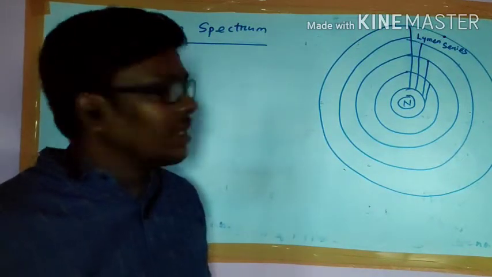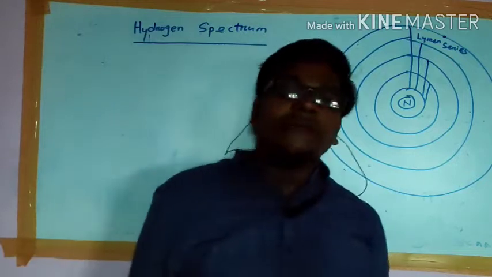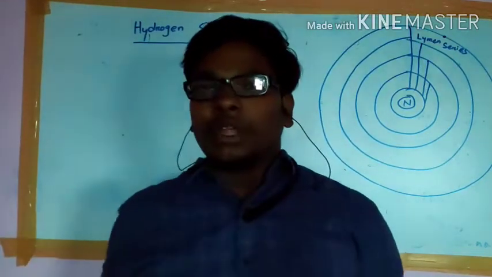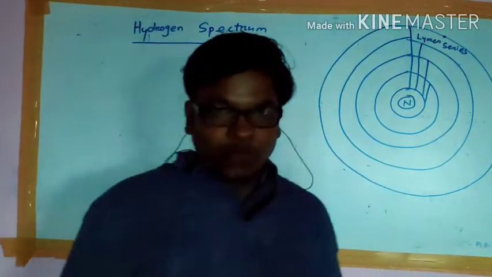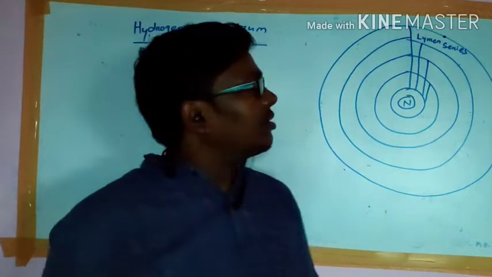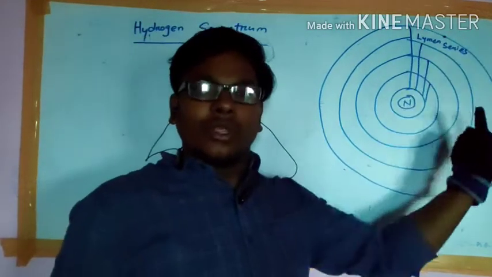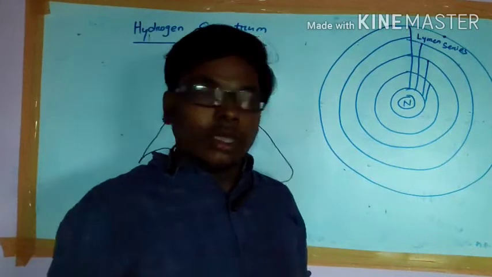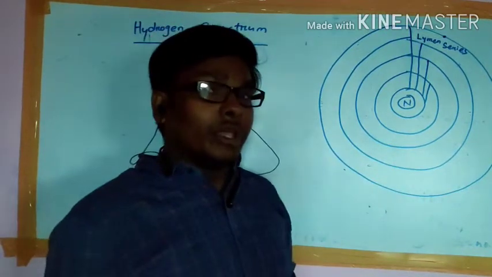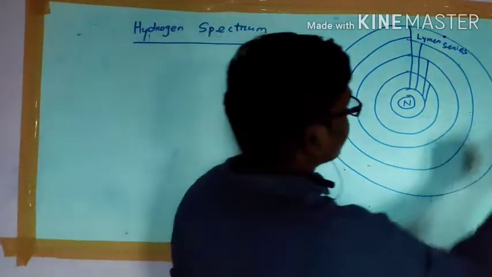Similarly, if I fix my ground state orbit as orbit number 2 with excited state orbits 5, 4, 3, this is called the Balmer series.